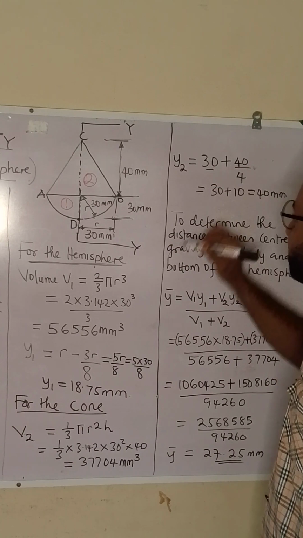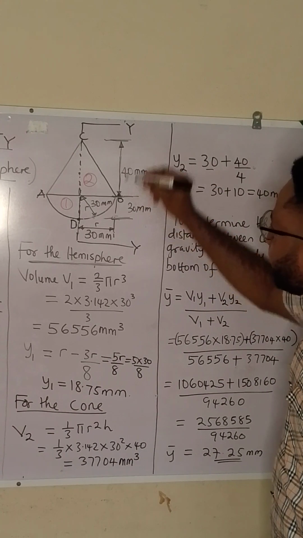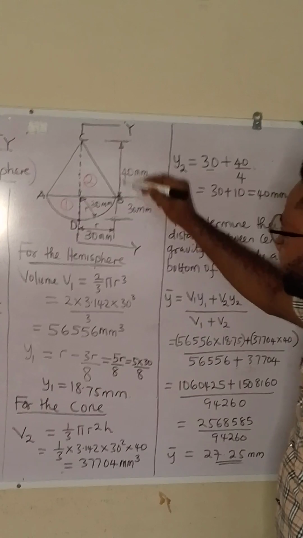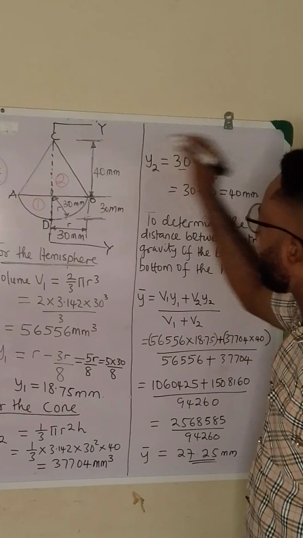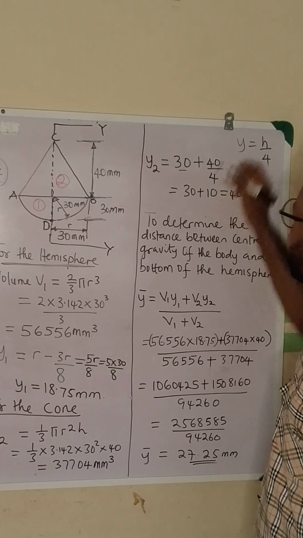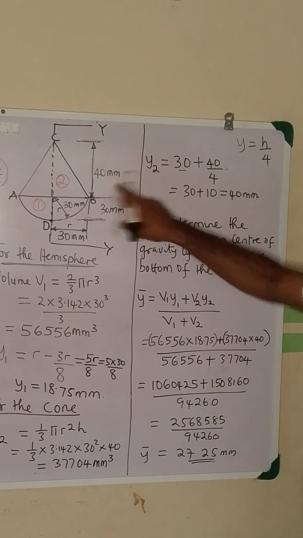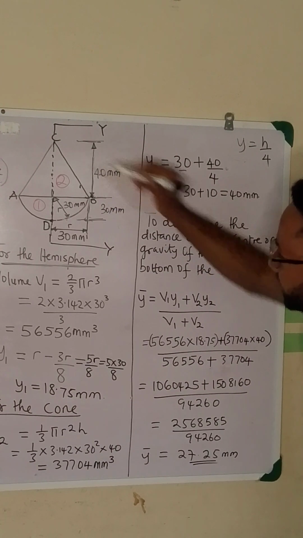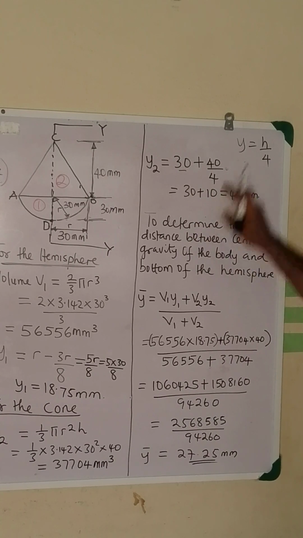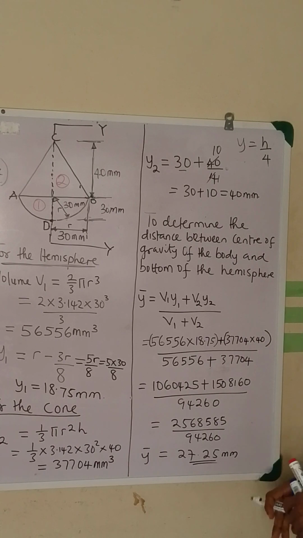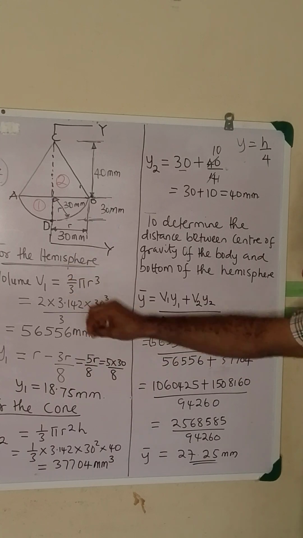So you are going to take it 30 millimeters. But from here down here is 40, which is the actual cone you are looking at. But we know that the y for cone is h over 4, the height over 4. So that's why we are dividing this 40 by 4. But then first you have to take this one, because this also is joined to this one. So we have 30 plus 10, that is, this will give us 10. So 30 plus 10 will give us 40 millimeters. So we've been able to determine the volume and the centroid for the hemisphere and for the cone.